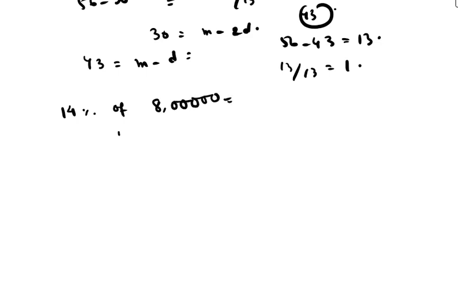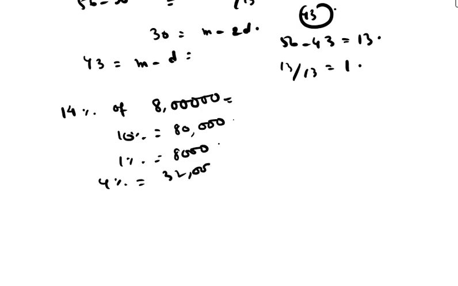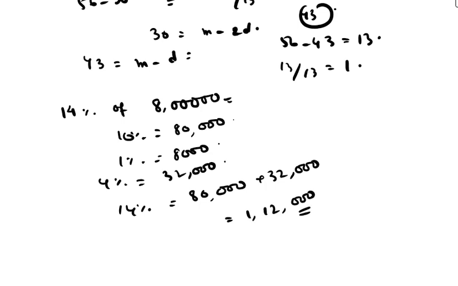Look, 10% is what? 80,000, right? So 1% is what? 8,000. So 4%, 32,000. So 14% will be 80,000 plus 32,000, that is 1,12,000, right? Therefore approximately 1,12,000 riders took between 30 and 43 trips.